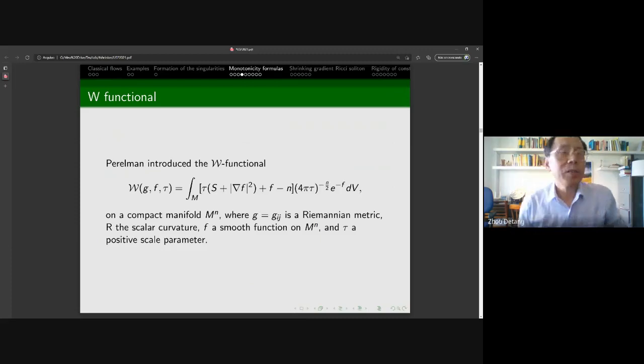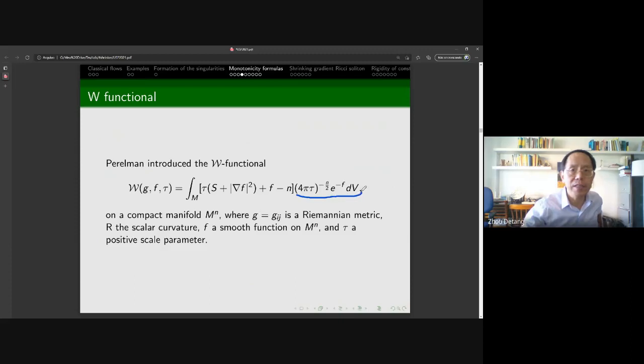But it is interesting that Perelman defined a similar entropy, which comes from the W functional. It's like this. You fix a manifold, you have a metric, you have a function, and you have a positive number. The W functional is defined as this one. At first sight it is quite complicated.